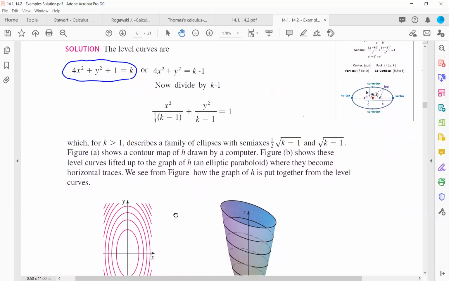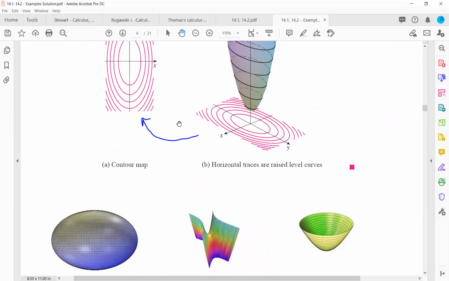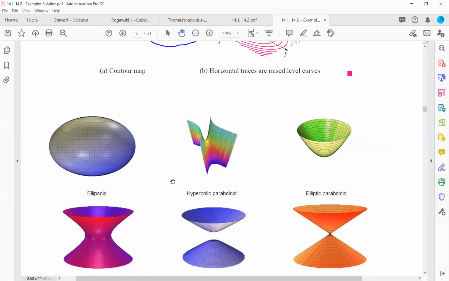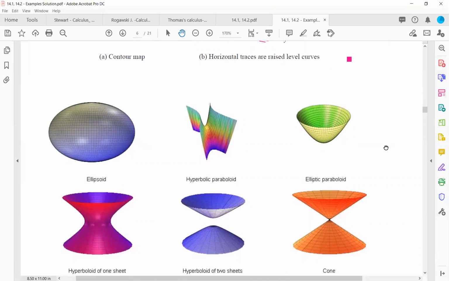Then, if you remember three-dimensional objects, and if you don't remember those, here's a classification and list of them for you. Here you have an ellipsoid, then you have a hyperbolic paraboloid, elliptic paraboloid, and a hyperboloid of 1 sheet, 2 sheets, and a cone.